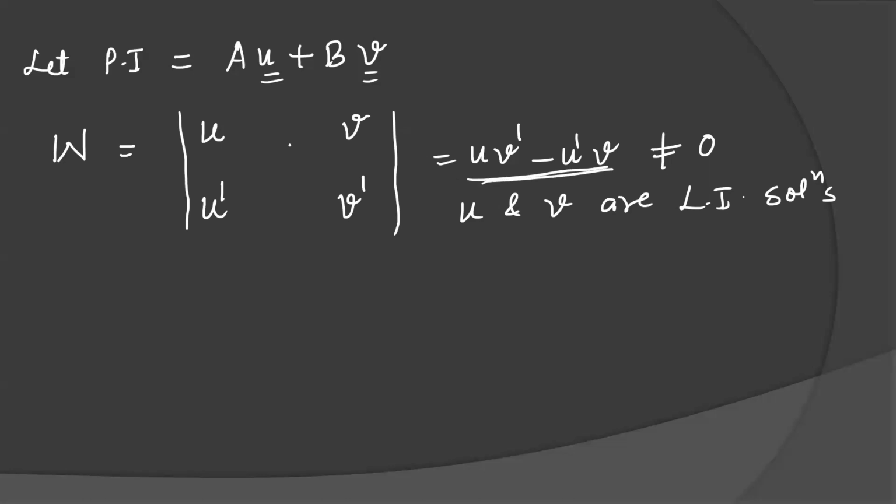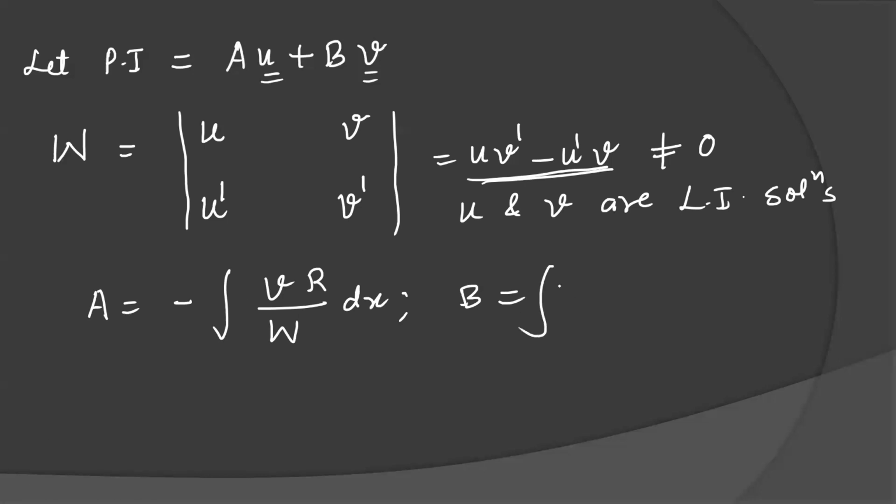W can be found with the help of U and V, where U and V are the solutions of the homogeneous linear differential equation. You can see my lecture 1. Then only you can claim that U and V are LI solutions. So for that we now have to find A and B. The formula for A is minus integral of VR over W dx, and the formula for B is integral of UR over W dx.